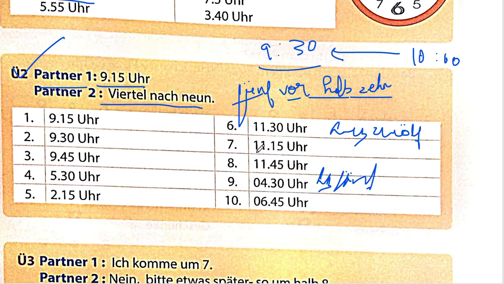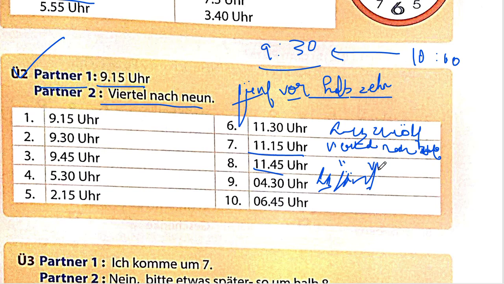Simple. Now, what about 11:15? For 11:15, what you have to do is viertel. You have to remember viertel nach 11. 11 is 11. So this is 15 minutes after 11. 11:45 is 15 minutes before 12.